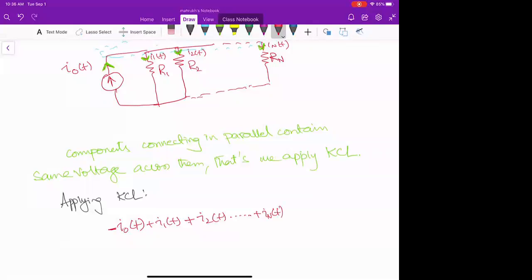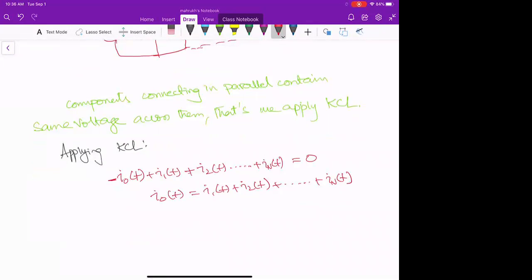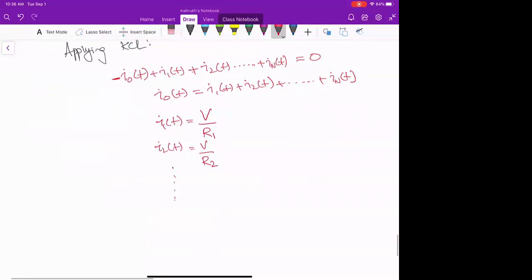If there are n number of things, I should be doing this, okay? So I naught of t equals I1 of t plus I2 of t plus In of t, where I1 of t is V by R1, I2 of t is V by R2, In of t is V by Rn, right?